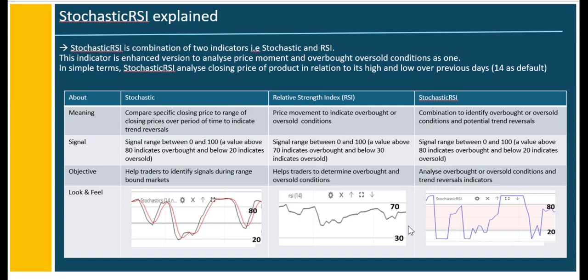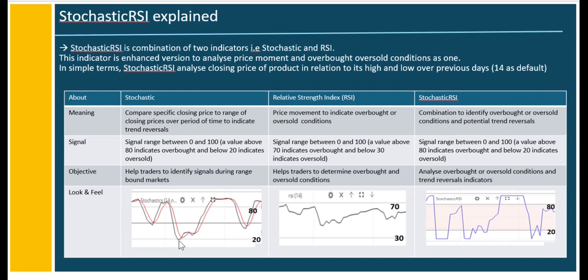Look and feel, as I've shown in the image, this is stochastic, looks more like a MACD, with a couple of parameters. If your percentage line goes below your stochastic line, you should start selling. So more like a MACD, and when it hits 80, you expect that the market is gonna turn around.